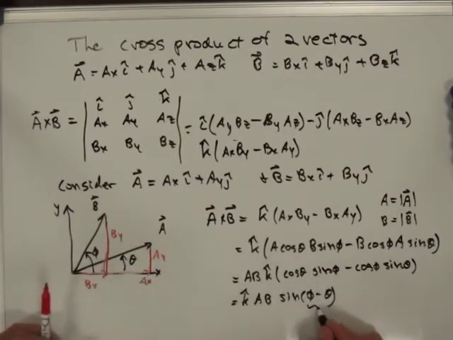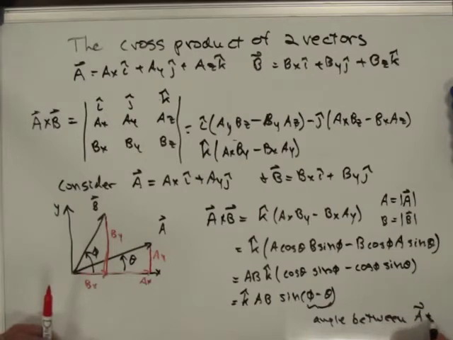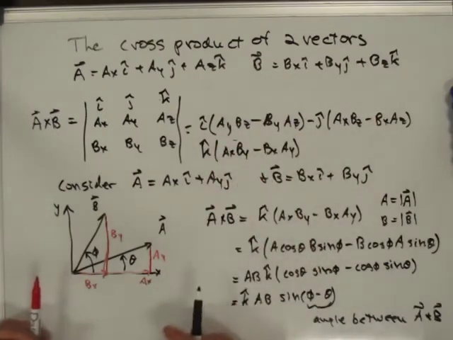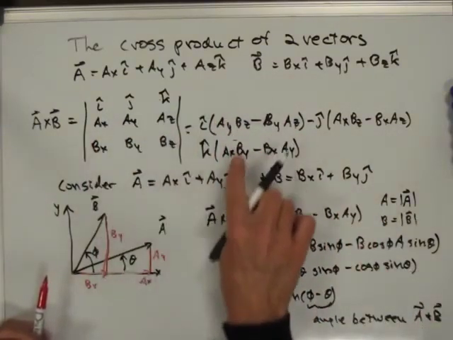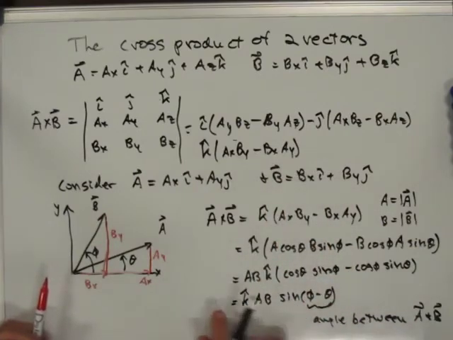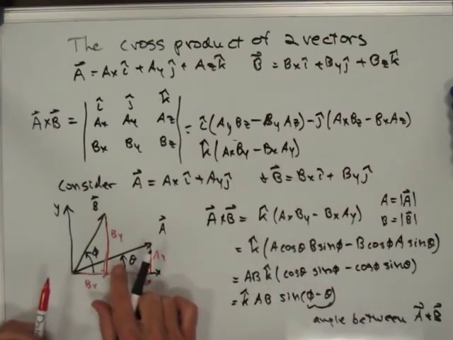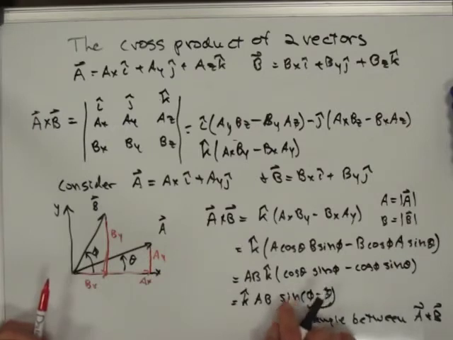This is the angle between the vectors A and B. I haven't shown it for the general case, but I can show it for a simple case, that this cross product, this thing we're calculating here, in fact gives the magnitude we were talking about earlier: magnitude of A times magnitude of B times the sine of the angle between them.